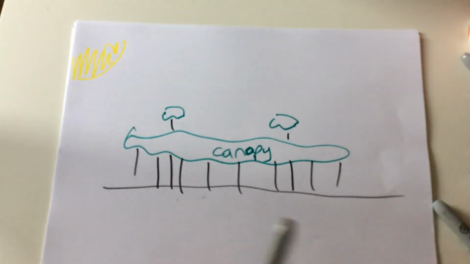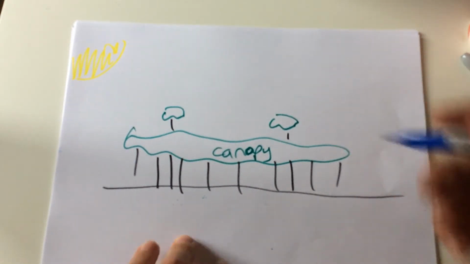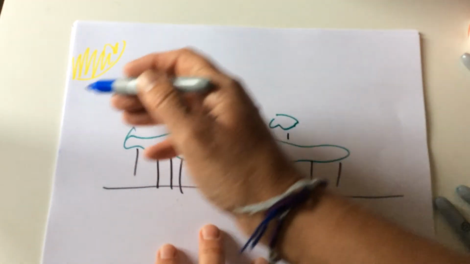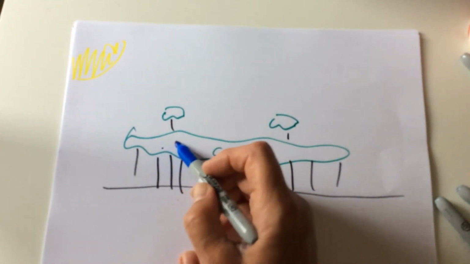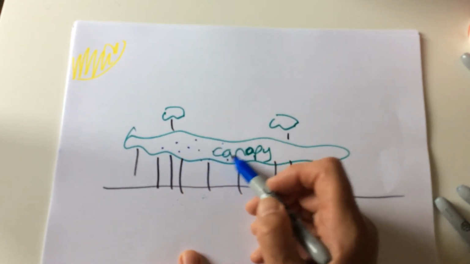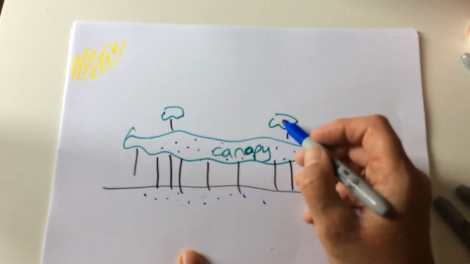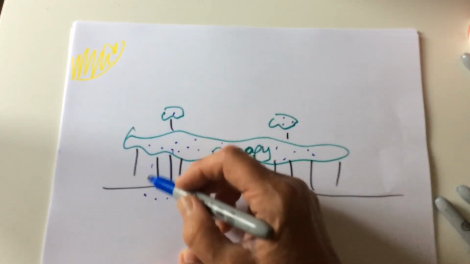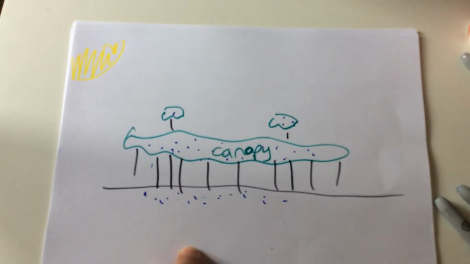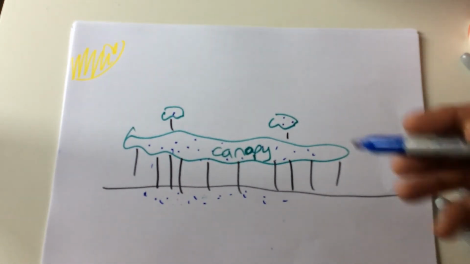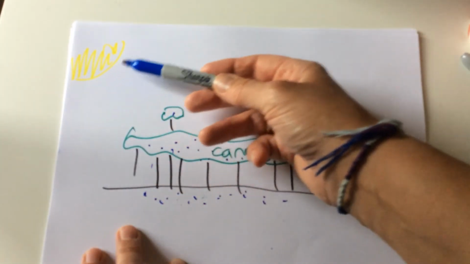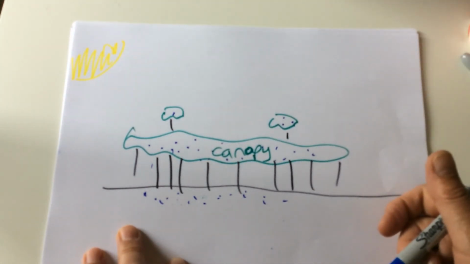We could put a couple of emergents in there. Okay, so every day what happens is the sun rises in the morning, and there's a lot of water held in the canopy, in the soil, in the leaves. There's lots of water there, just held there. The sun rises in the morning and it starts to heat up.